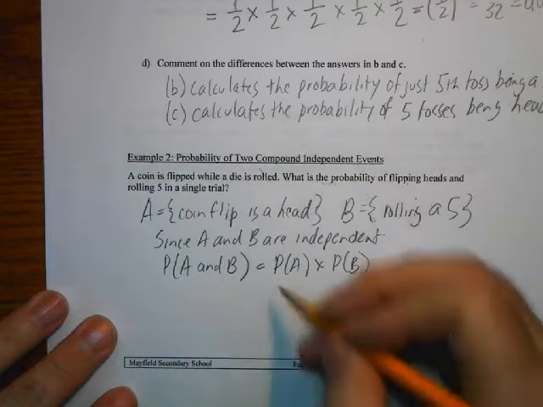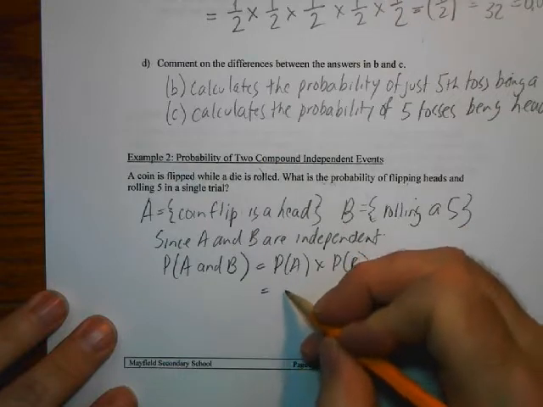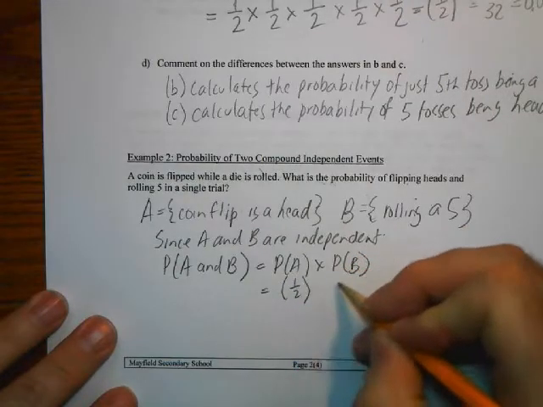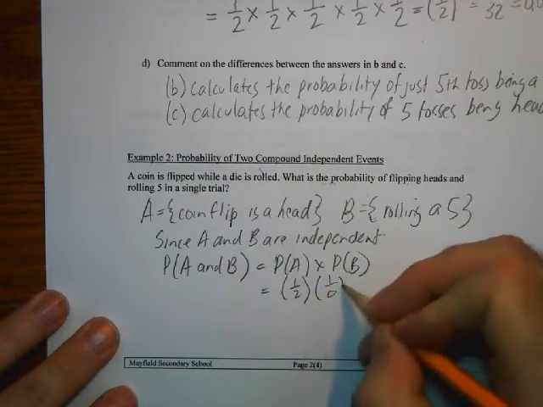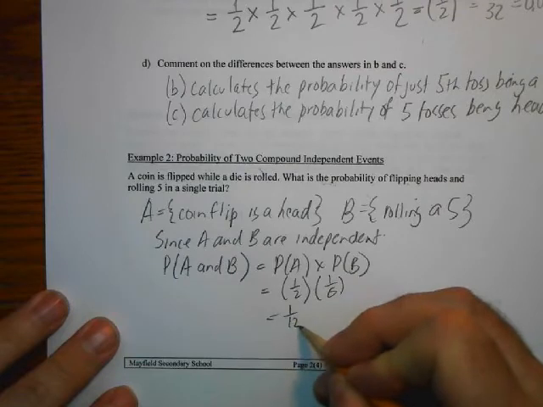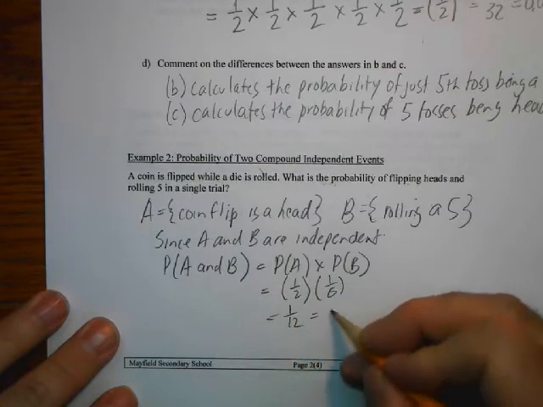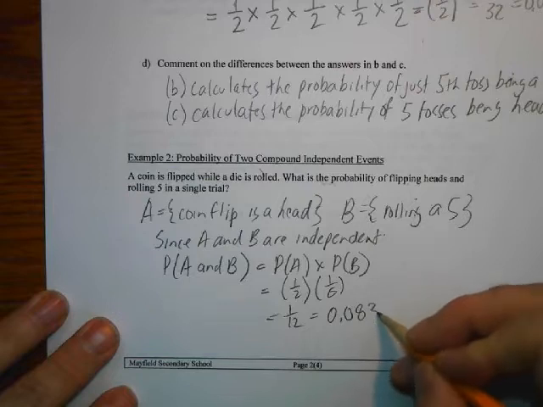So what are those? The probability of flipping a head, well, we've talked about this in the previous example, that's 1/2. And the probability of rolling a 5, well, a die has 6 outcomes. A 5 is one of those 6, so 1/6. So I multiply those out, I get 1/12, which I could round as a decimal to 0.083.